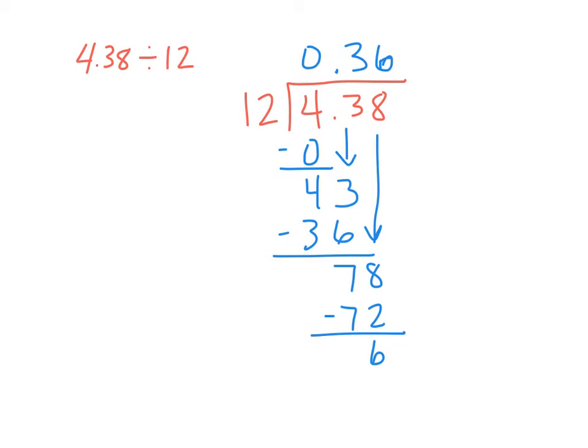And here's where you add a 0. Bring down your 0. And now I have 60. 12 goes into 60 5 times. Now here is the thing. It says place the decimal point in the quotient above the decimal. So we did that right here. Then we insert a 0 to continue to divide.